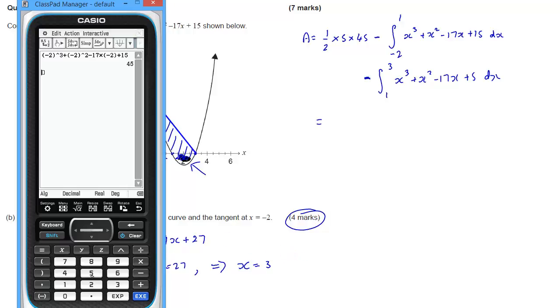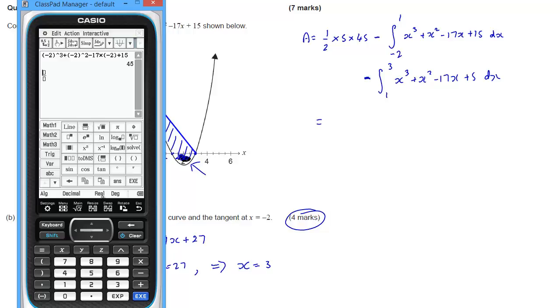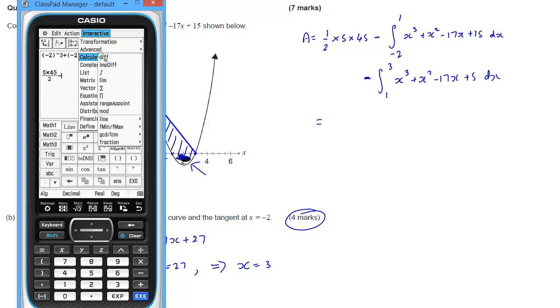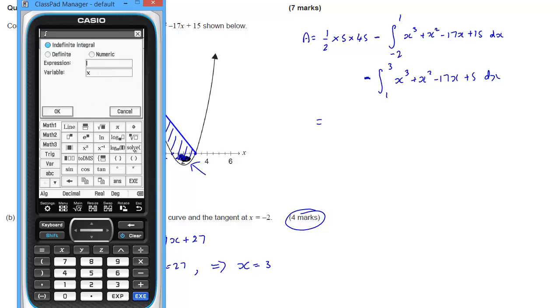So it's going to be 5 times 45 divided by 2, and then I'm going to take away the integral.